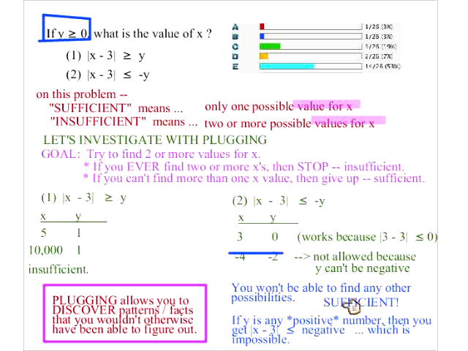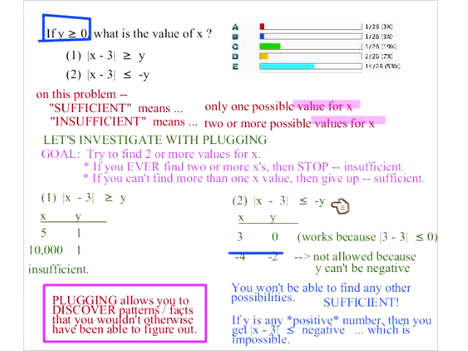But plugging will figure it out for you, because you just won't be able to come up with anything else. After a while, you'll say, oh, I see what's going on here. Whenever I plug in a positive for y, I get a negative on this side, and that is never going to happen.